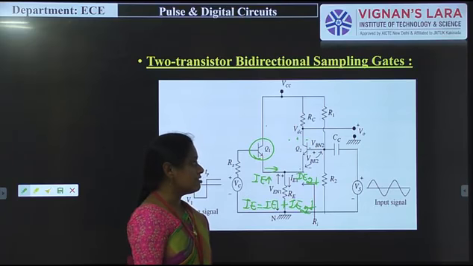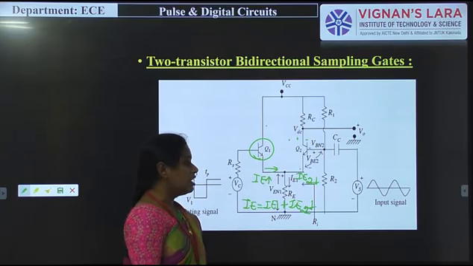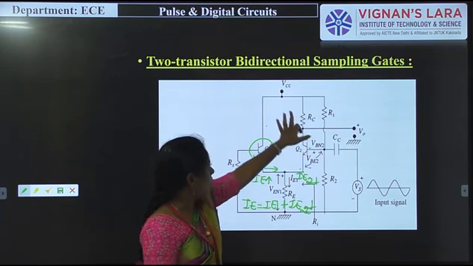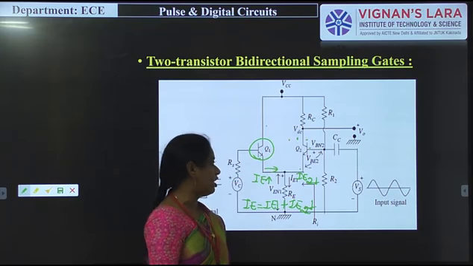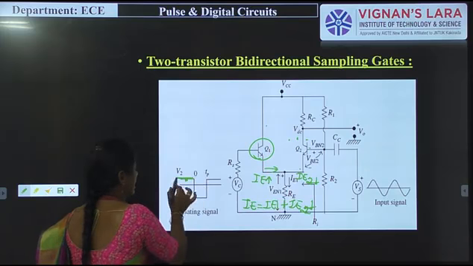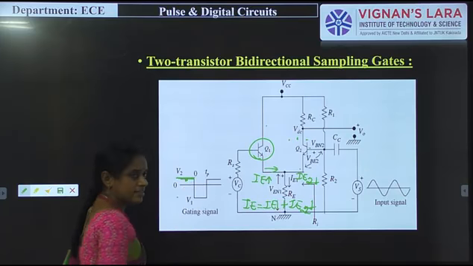Then whatever VCC we give will be produced at the output side. In this condition, the output will be VCC.